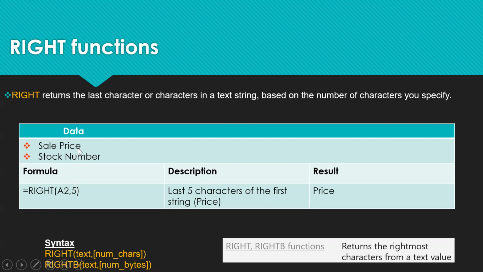So we have to take 5 characters from the right. E is 1, C is 2, I is 3, R is 4, and P is 5. So it is going to cut that number of characters from the right side. This is how you do a right function.